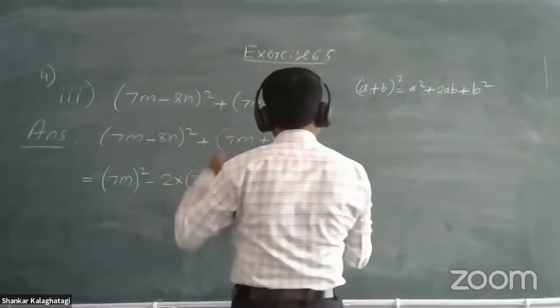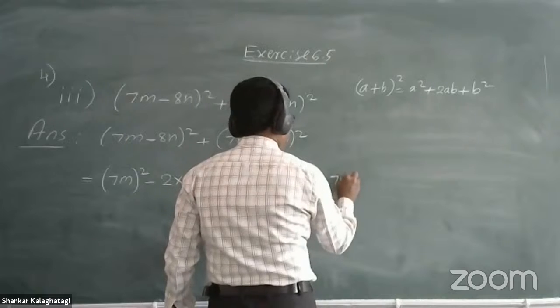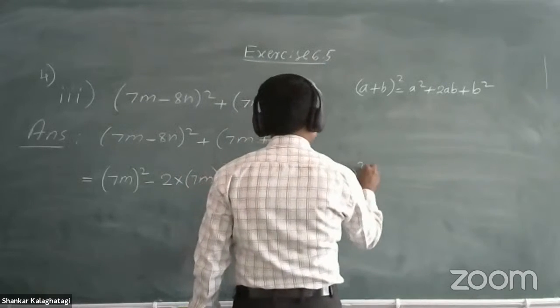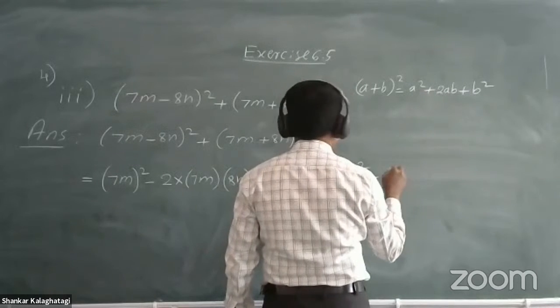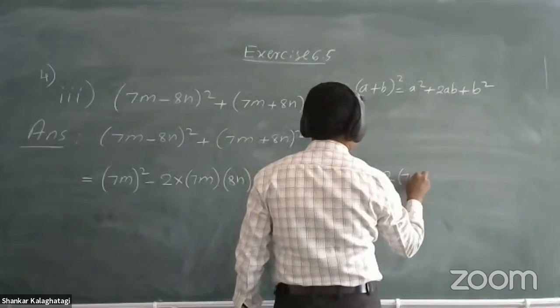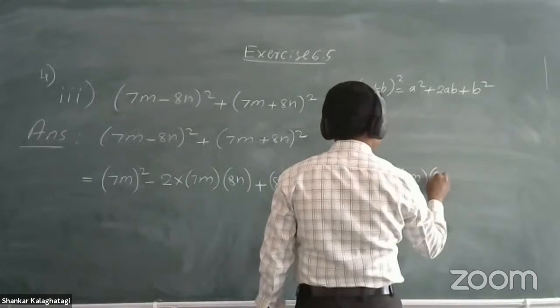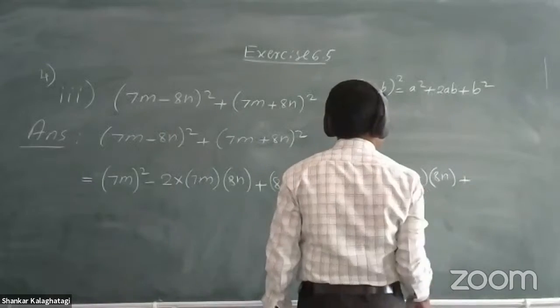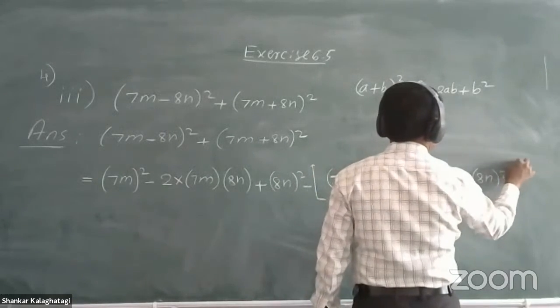So first term square (7m)^2, plus middle term 2 times a, first term 7m, b second term 8n, plus second term square (8n)^2.